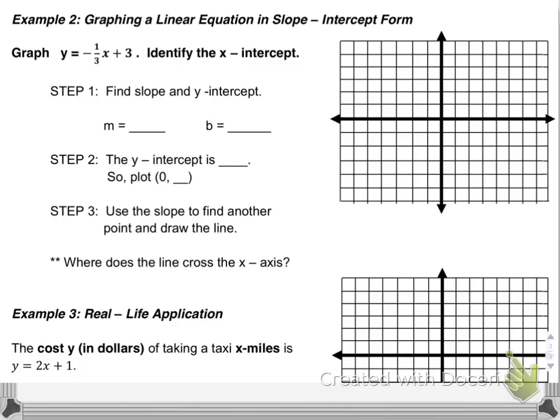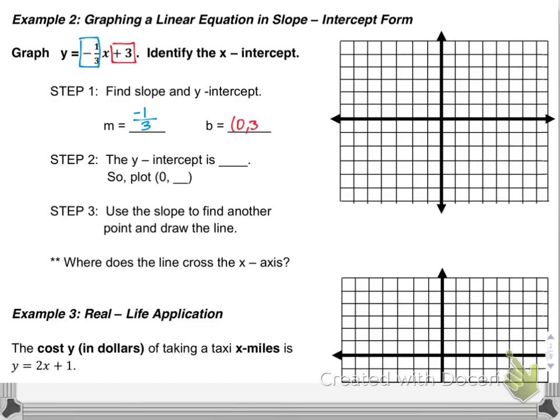So I'm going to identify my slope. My slope is -1/3, and keep in mind with negative fractions, just put the negative in the numerator here. And then in red, my y-intercept is 0, 3.